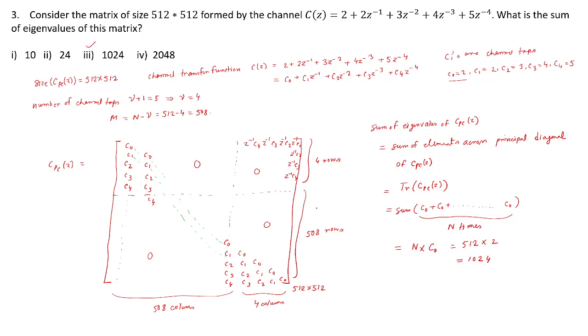You just need to take the size of the matrix CPCZ and the channel tap C naught from the channel transfer function, and multiply them to get the sum of the eigenvalues. So the third answer is the correct one.